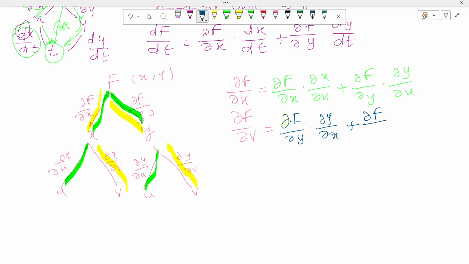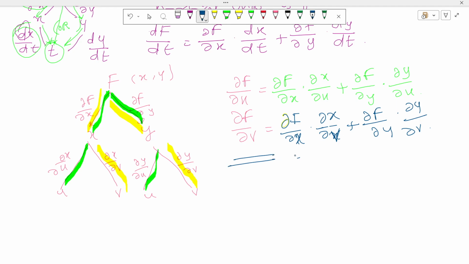Not dou y by dou x, for v you should get dou f by dou x, you have to write. Okay, I need to change this. Dou f by dou x, dou x by dou v, plus dou f by dou y, dou y by dou v.